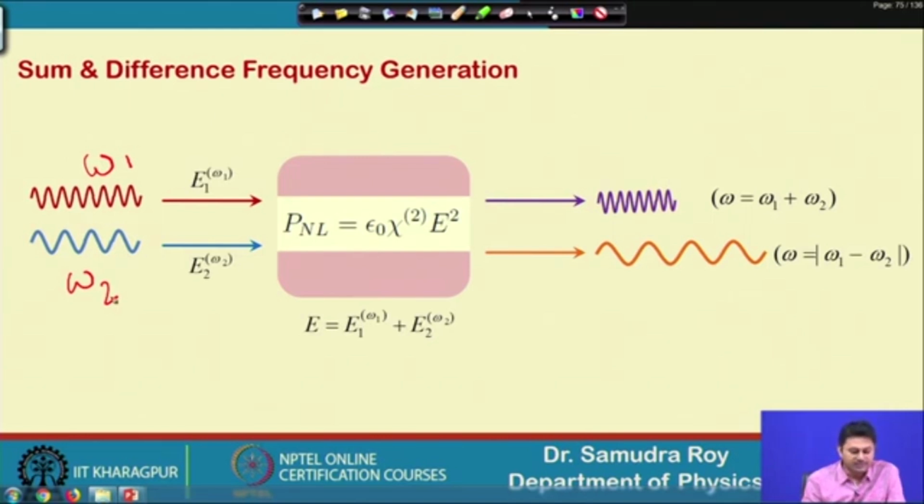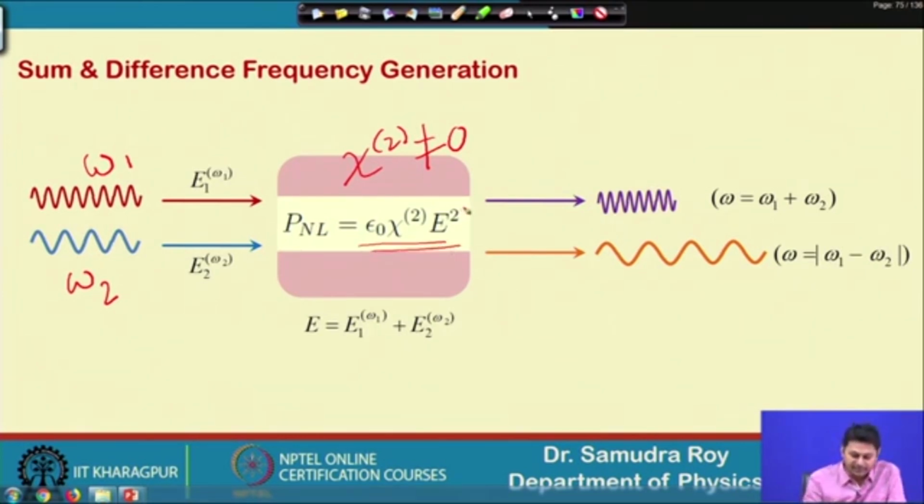These two frequencies are now in the system. It is passing through a medium with nonlinear polarization, that means chi 2 is not equal to 0, so my nonlinear polarization will evolve like epsilon 0 chi 2 E square as usual.